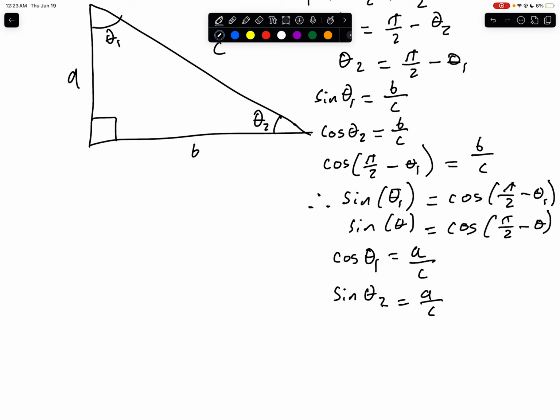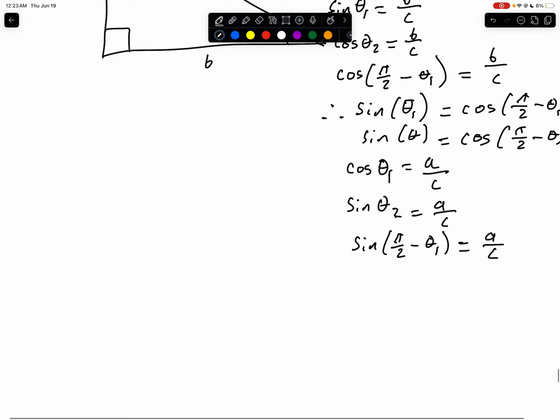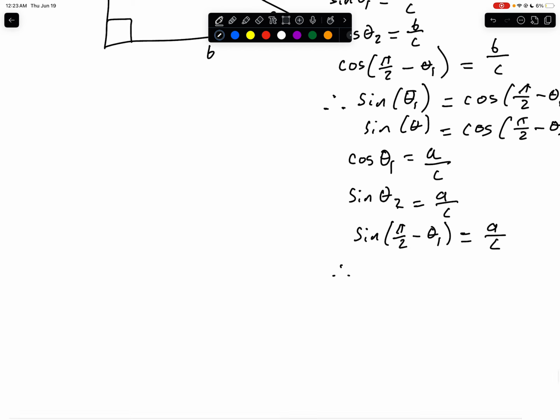Remember, theta 2 is just pi over 2 minus theta 1. So we can say that sine of pi over 2 minus theta 1 equals a over c. These both equal a over c. So we can say, therefore, cosine of theta 1 equals sine of pi over 2 minus theta 1. If we want to generalize this, we can say that cosine of theta equals sine of pi over 2 minus theta.